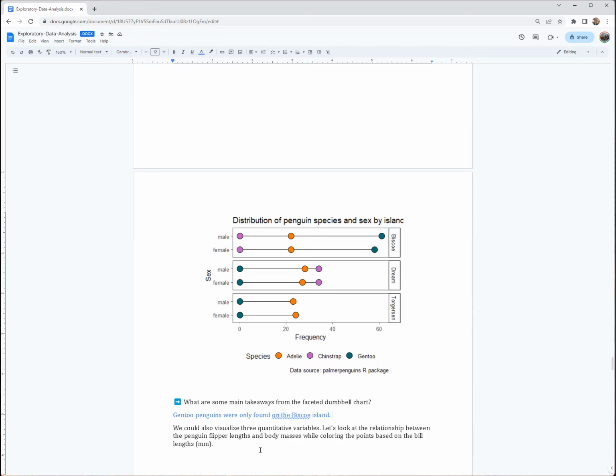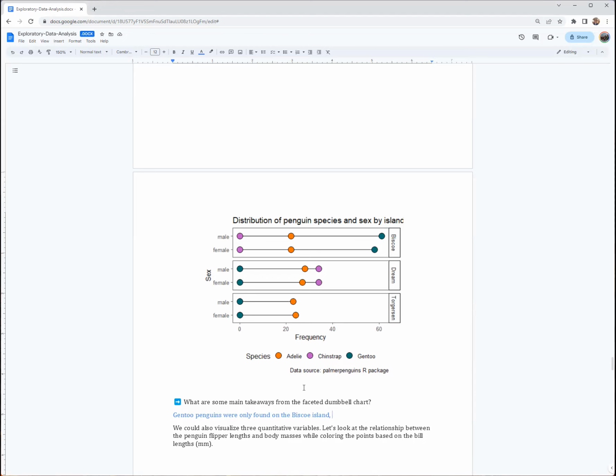Let's see. How about Adelie penguins? Were they only found on one island? Nope, they were found on all of the islands. But what about Chinstrap? The Chinstrap points actually got covered up here by the Gentoo points.